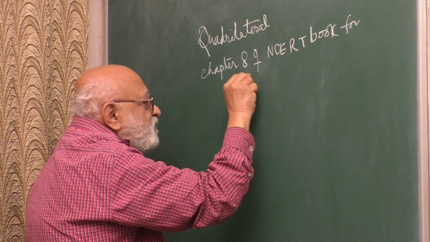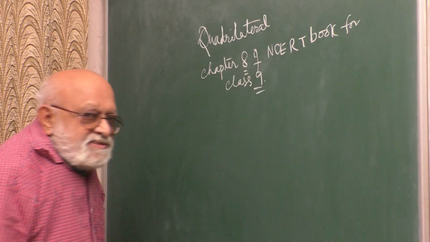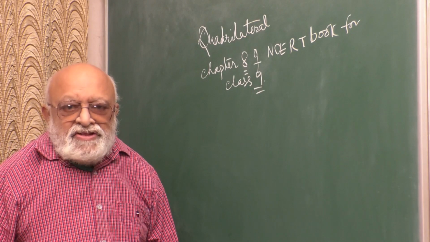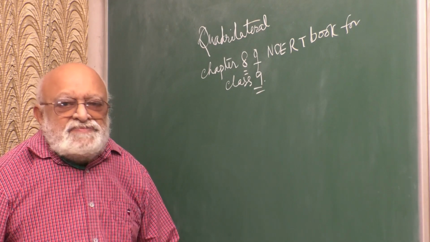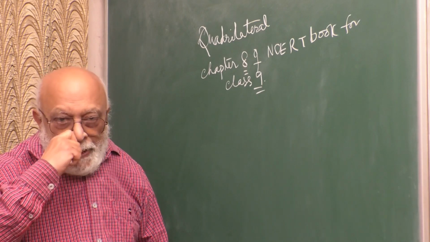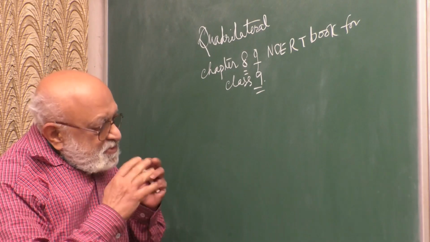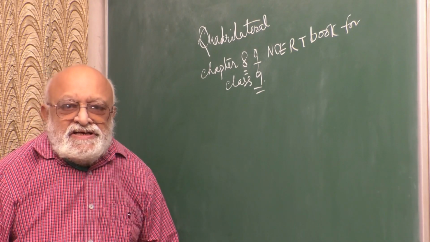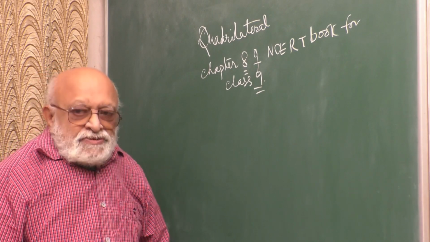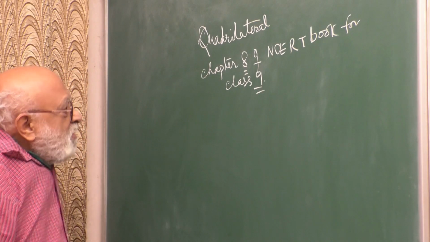We are only talking about class 9 because I think class 9 is a stepping stone, and if you are very thorough about whatever is in the book, you should be able to go to higher classes. Not only that, the principles you are learning here would also be utilized further. Okay, so first we'll start with quadrilateral.